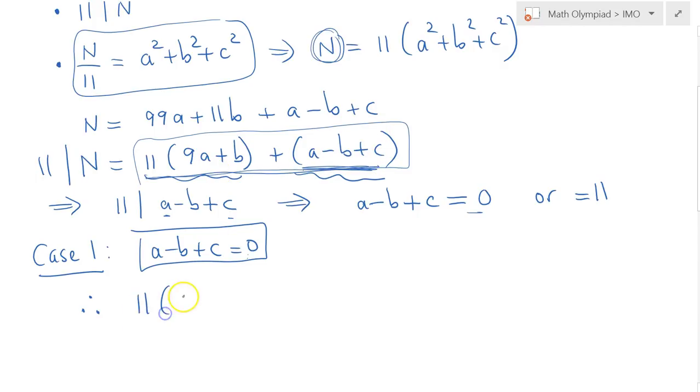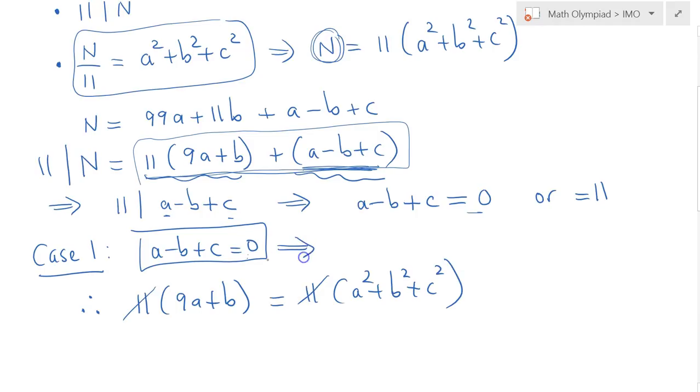So 11 times 9a plus b is equal to 11 times a squared plus b squared plus c squared. So the 11s just vanish. In fact, b is really a plus c, so it's better to substitute a plus c wherever we see the b.